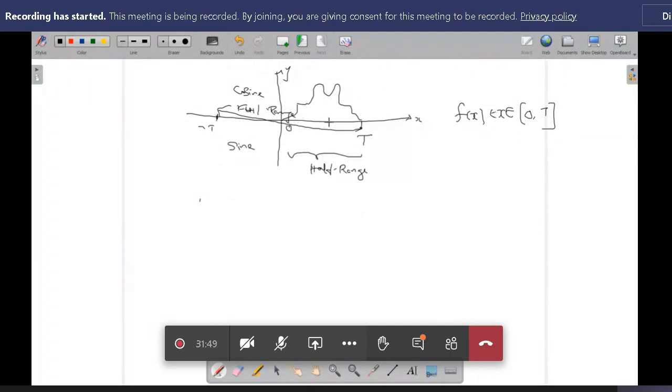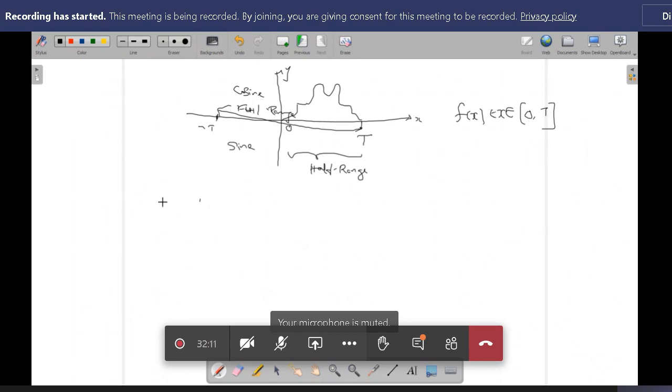You are converting the given function into an even function. Or if you are extending the given function with the half range sine series, it means you are extending the function as an odd function. So that's it.